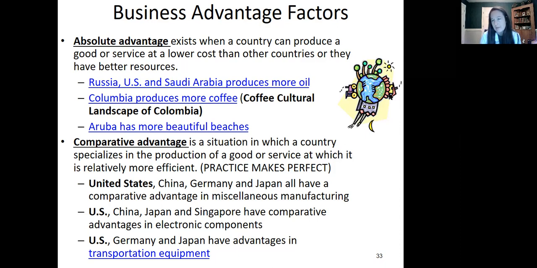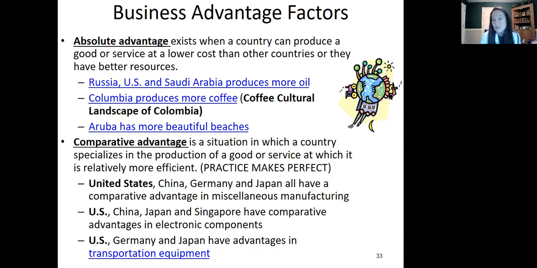Now with comparative advantage, it's a little bit different. With comparative advantage, it's like taking two athletes and then putting them up against each other. So let's say you got Michael Jordan and Kobe Bryant. They're both amazing basketball players. If you take them at the same age and you put them against each other with shooting 3-point shots, it's going to be a tight race to see who's going to win.